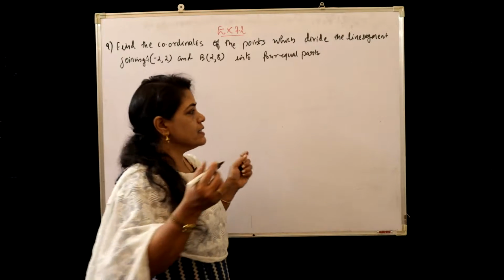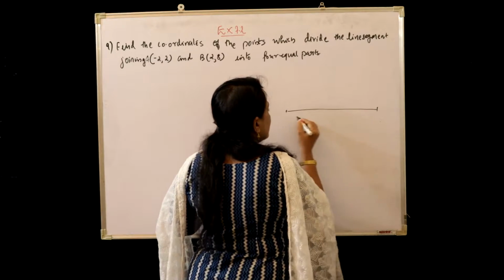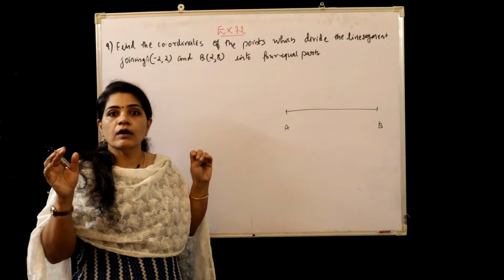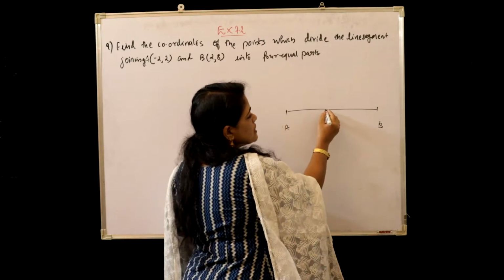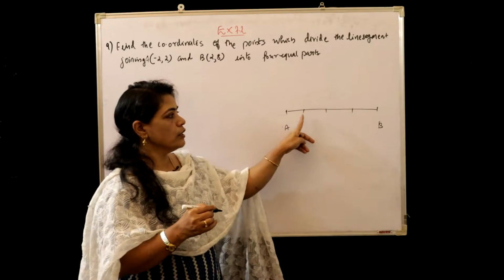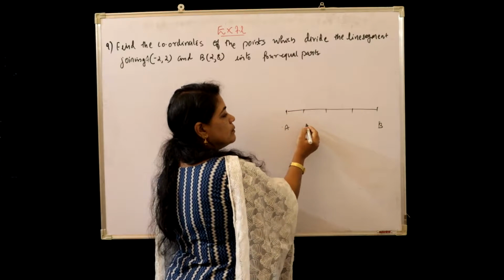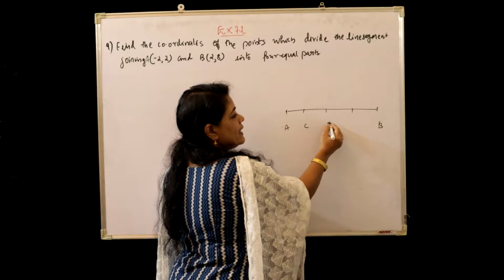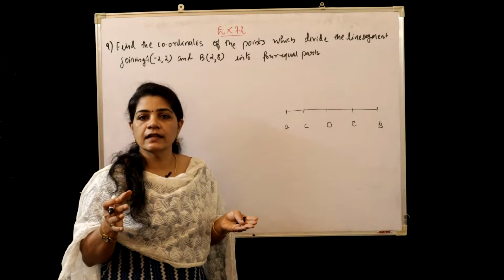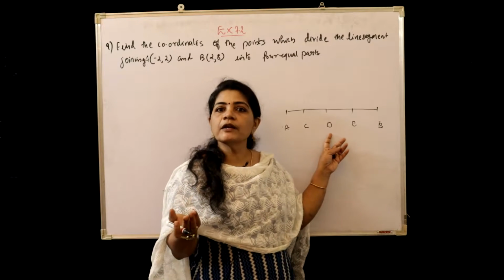Here we have a line segment AB, and this AB gets divided into 4 equal parts: 1, 2, 3, 4. I am marking these points as C, D and E. Since AB is divided into 4 equal parts, surely you can say D is the midpoint.